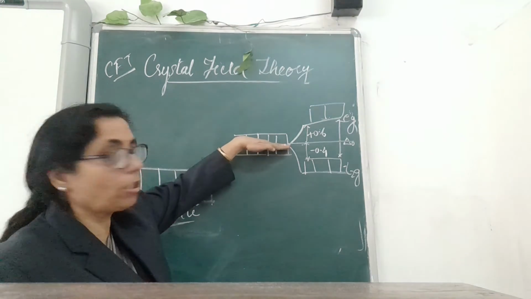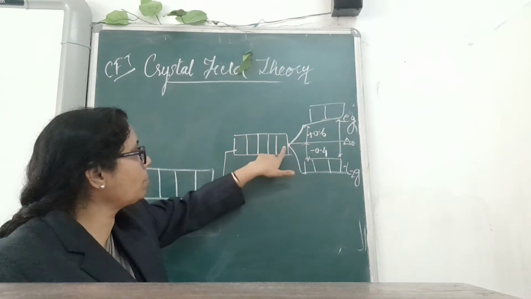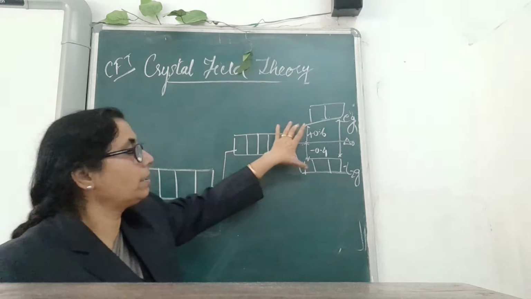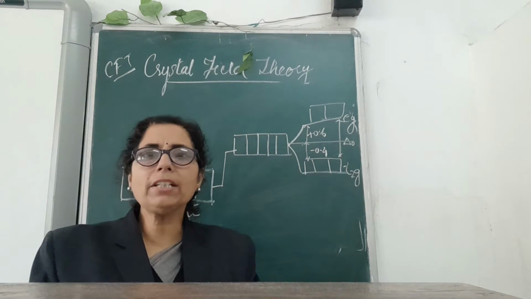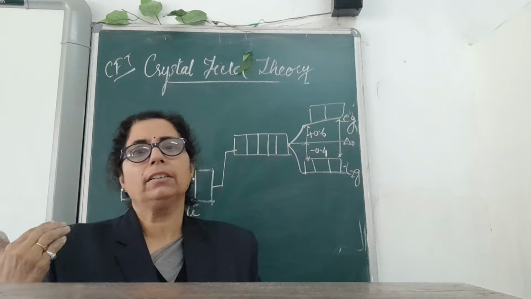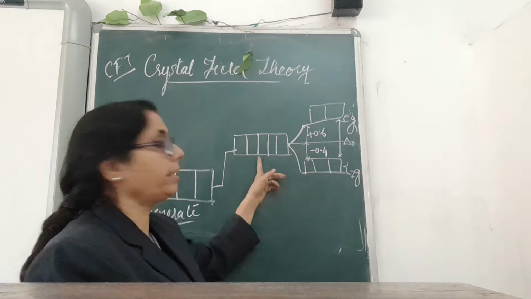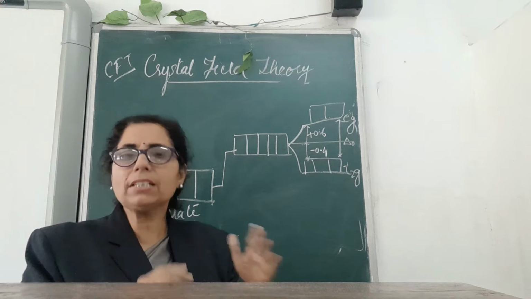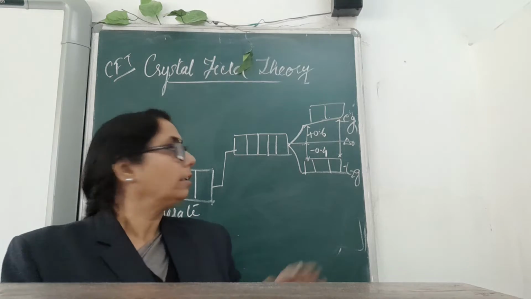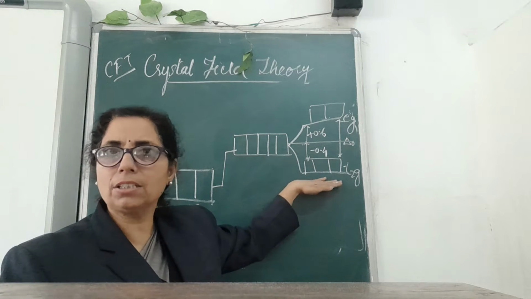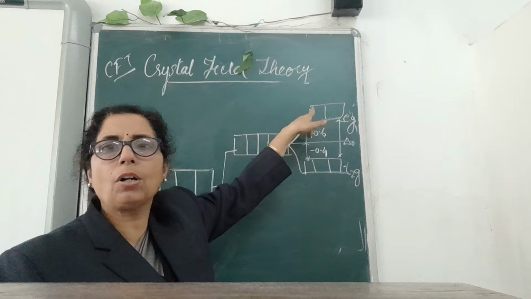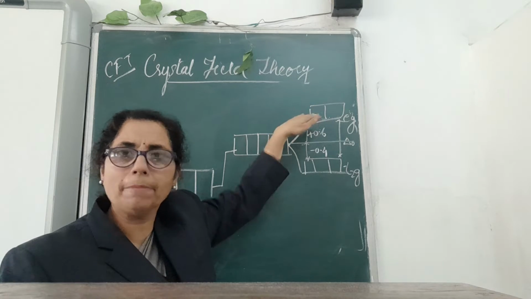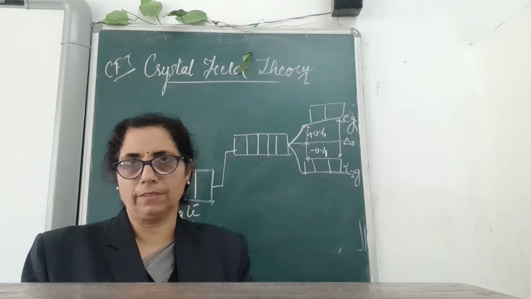That means degenerate orbitals were there as the electron is present here, but due to the attachment of ligand, as soon as the ligand approaches these degenerate orbitals, they split into 2 parts. The lower part has lower energy level and the upper part, which has moved up, has higher energy level.